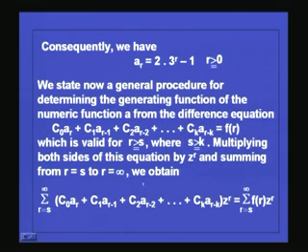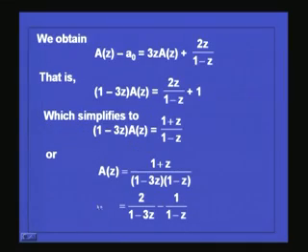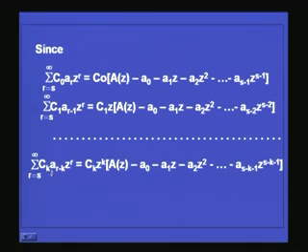Similarly, if you look into the second term, this is the sum from r equals s to infinity of C1 a_(r-1) z^r. How can you look into this? The general term in the generating function will be a_(r-1) z^(r-1).